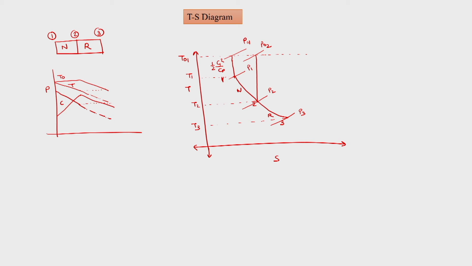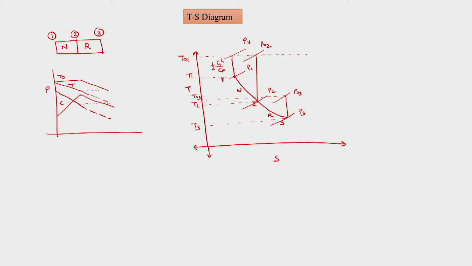So this is P02, and then somewhere we would have T03 and P03.